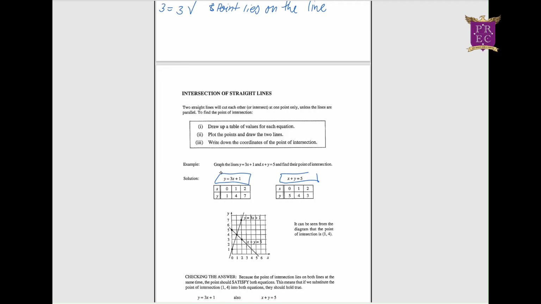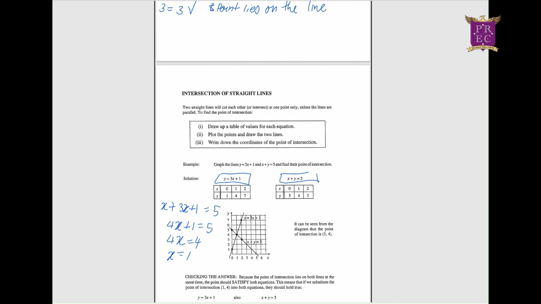Since we know that y is equal to 3x plus 1, we can replace this y with 3x plus 1, right? So we'll have x plus 3x plus 1 is equal to 5. Let's simplify this equation. 4x plus 1 is equal to 5. 4x is equal to 4 because we subtract 1 from both sides and divide 4 on both sides, leaving us with x is equal to 1.